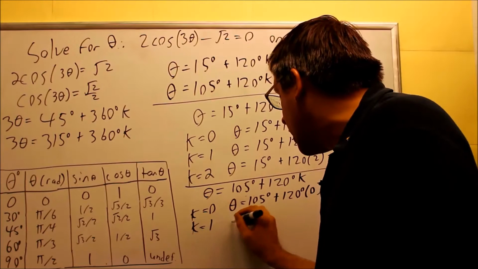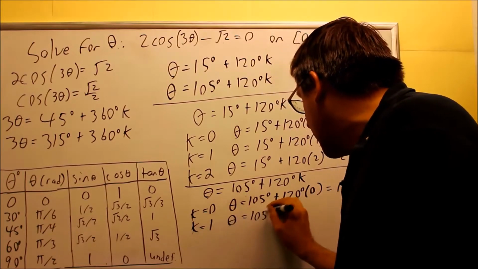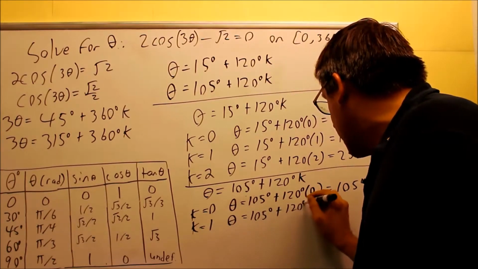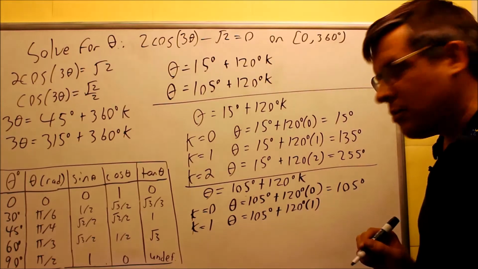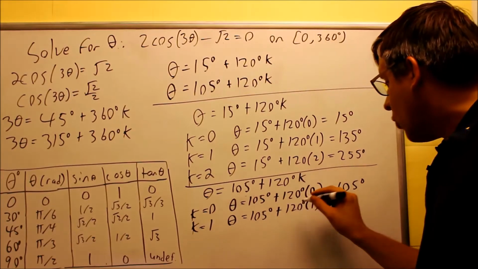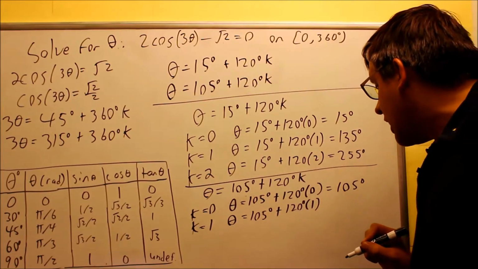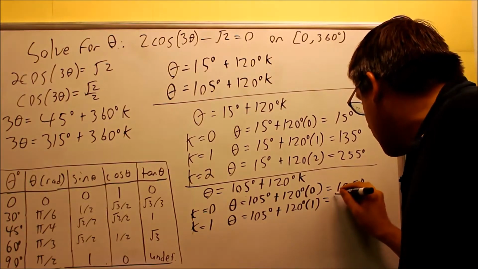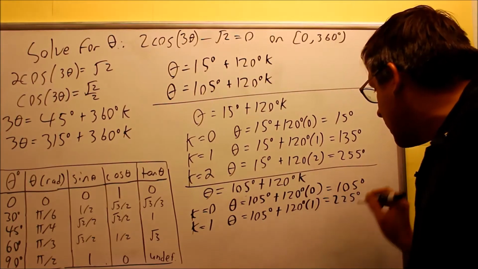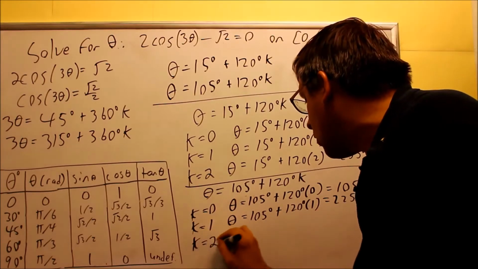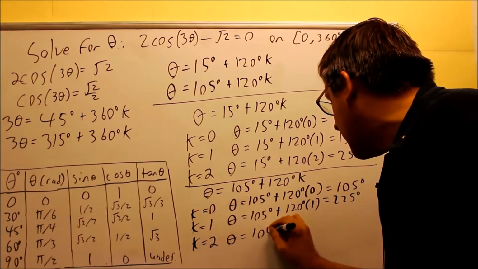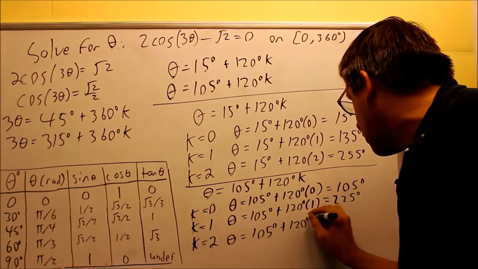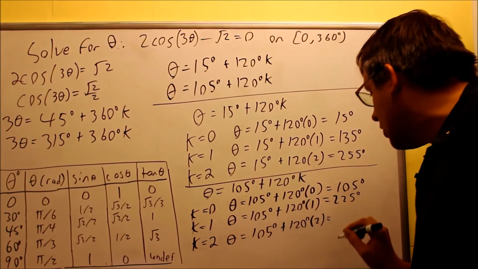Now we do k equal 1. Theta is 105 plus 120 times 1. So now we're adding these together. We have 120 plus 105, and when we add that together, we get 225 for that one. That's the second solution. And then we're going to do k equal 2, 105 plus 120 times 2.